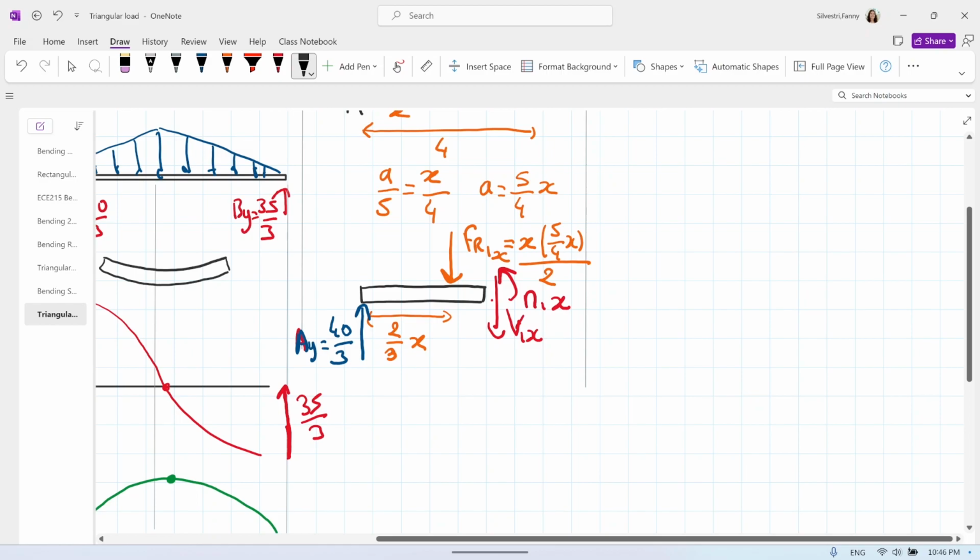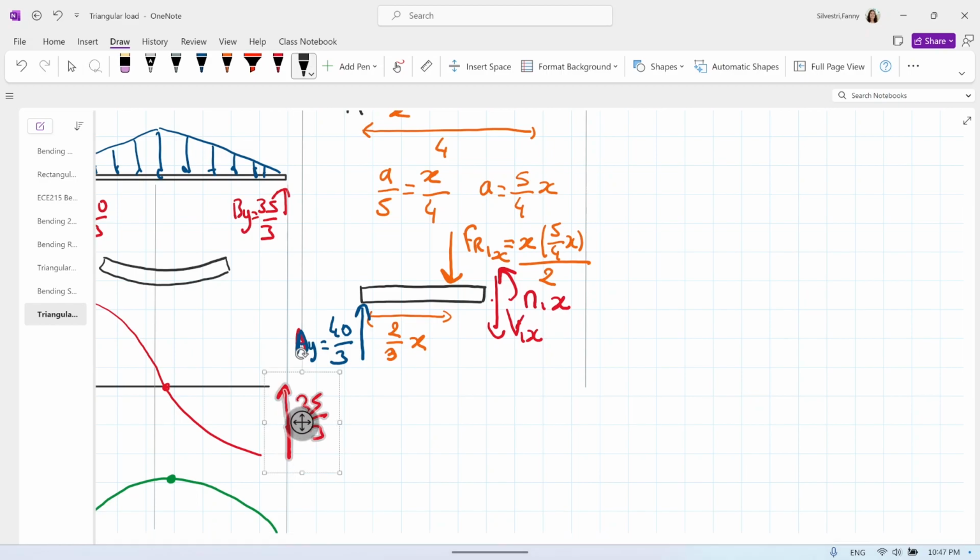Now I can do the equations to find the internal forces. If we do sum of the forces on y equals 0, we have ay, 40/3, minus FR1. So FR1 is x times 5/4 of x divided by 2, so it's 5/8 of x squared.